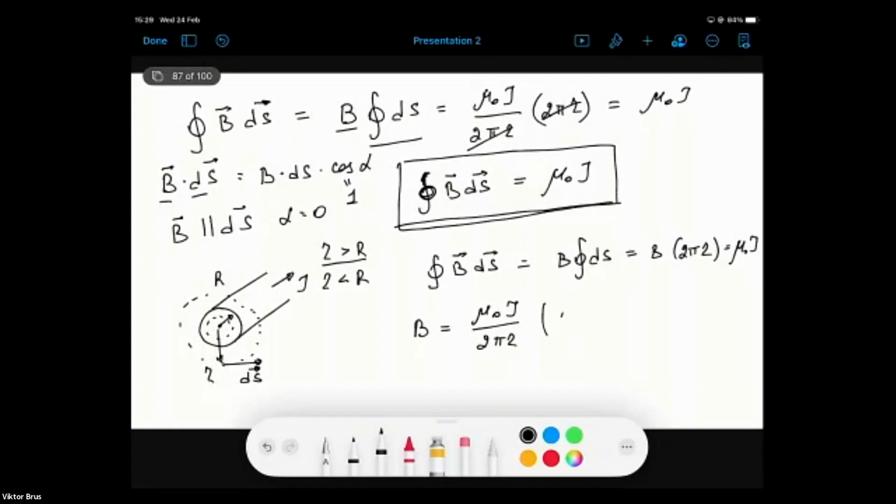And this is valid for the radius of the Ampere's loop larger or equal to the radius of the cross section of this wire.